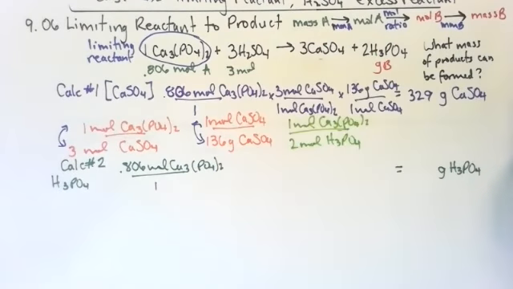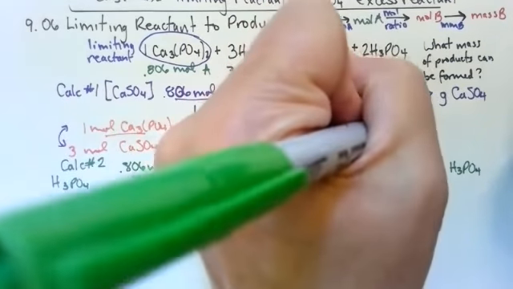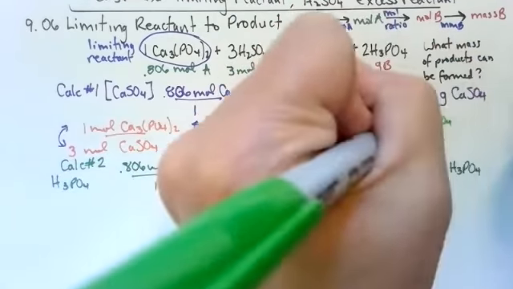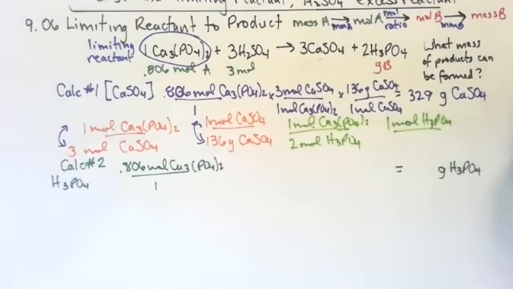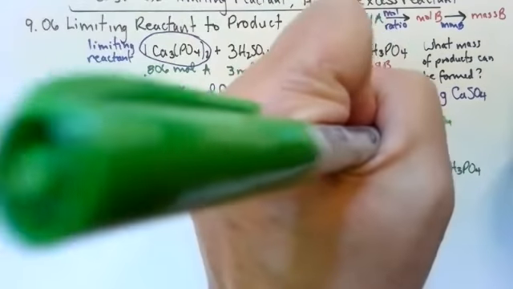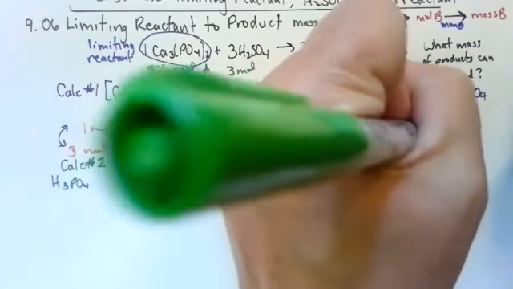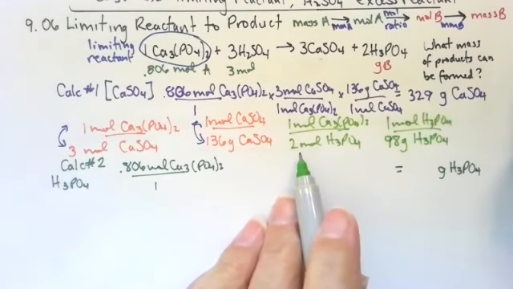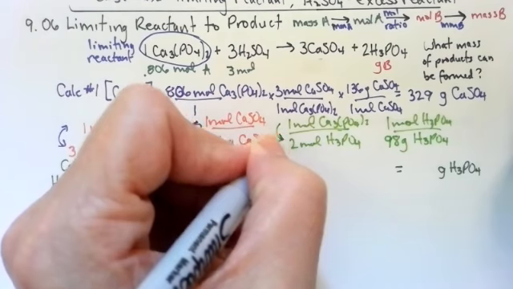I'm going to want the molar mass of phosphoric acid. So I'm going to say 1 mole H3PO4. I'm going to take oxygen, 16 times 4. I think phosphorus is 31 plus 3 for hydrogen. And I think this should be 98 grams H3PO4. Mole ratio goes in first. I'm going to have to flip it.